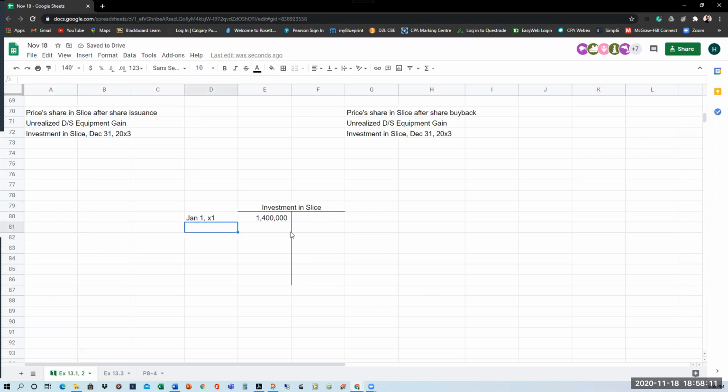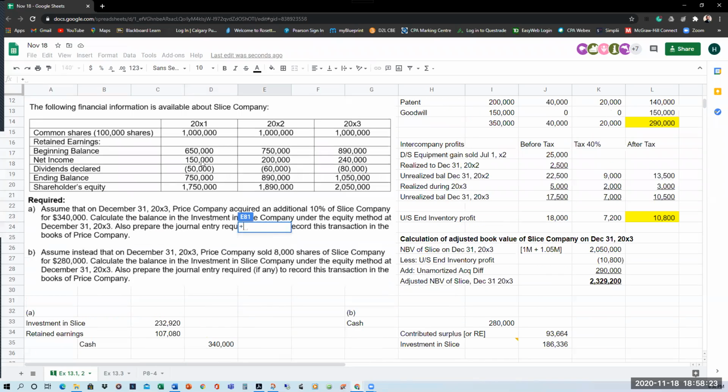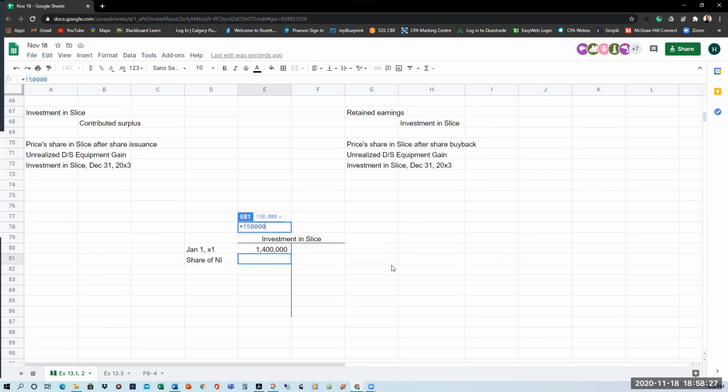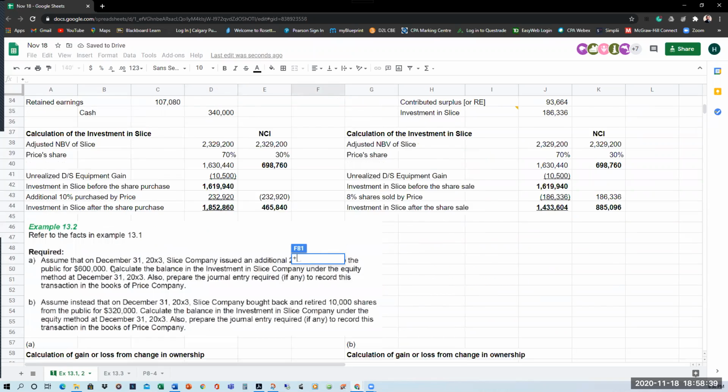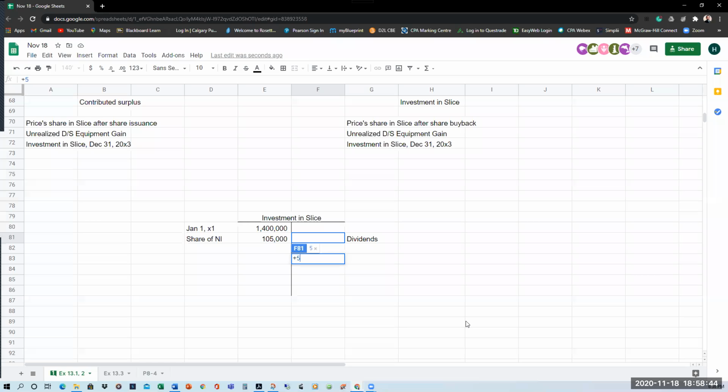Now, it would have gone up with net income, share of income. Net income for Slice for year one was 150,000, so 150,000 times the 70%. It would have gone down by dividends. The dividends were 50,000 in total, so 70% of 50,000.